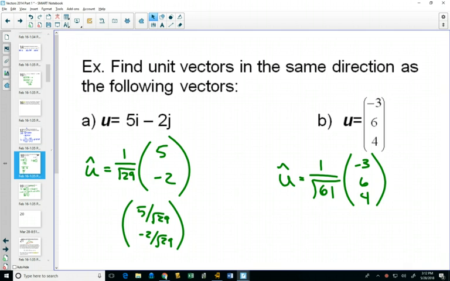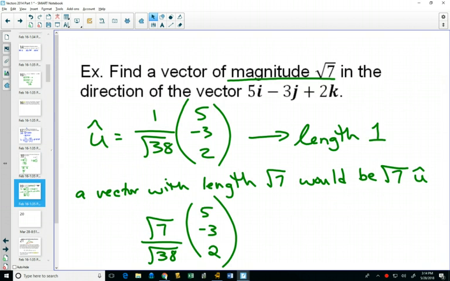But now that you found unit vectors, can you find one that is a different length in the same direction? Let's look at how you do it. First of all, I found my unit vector.